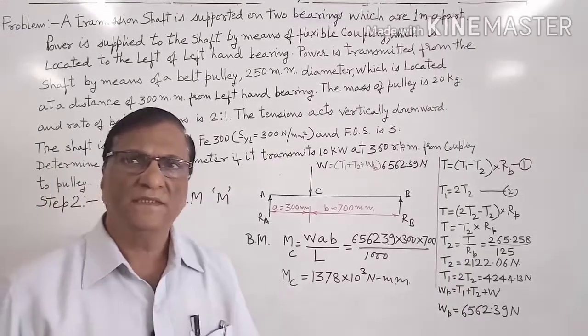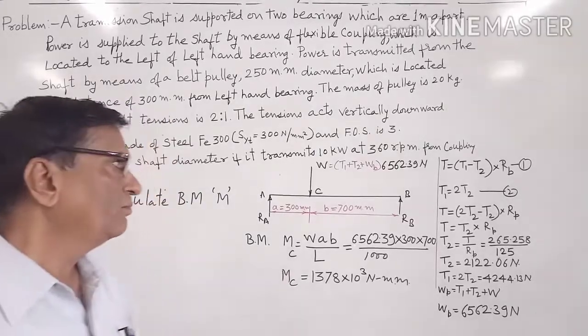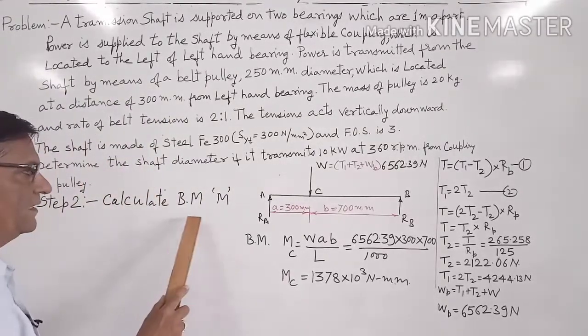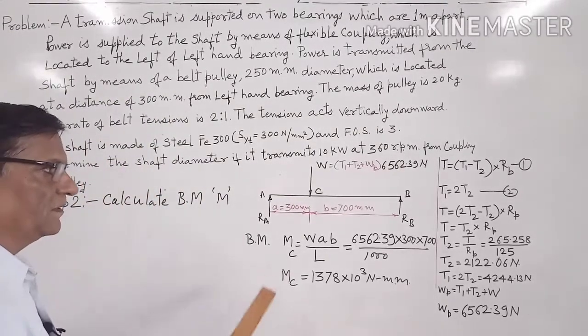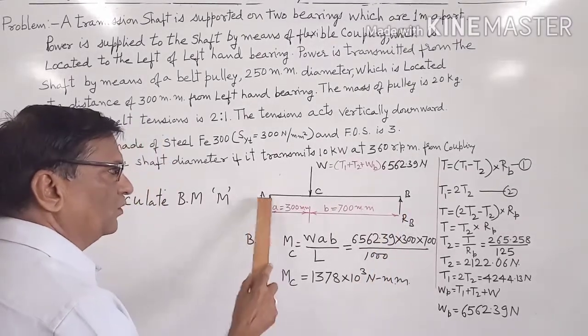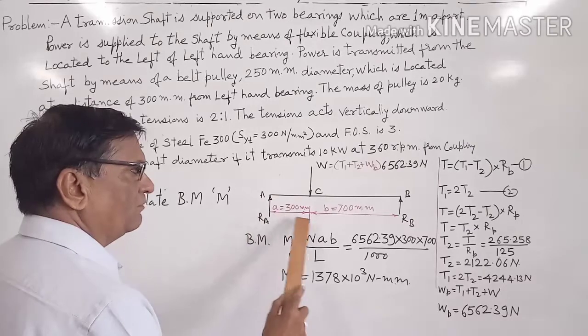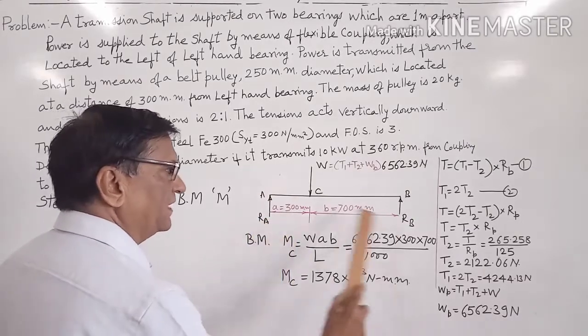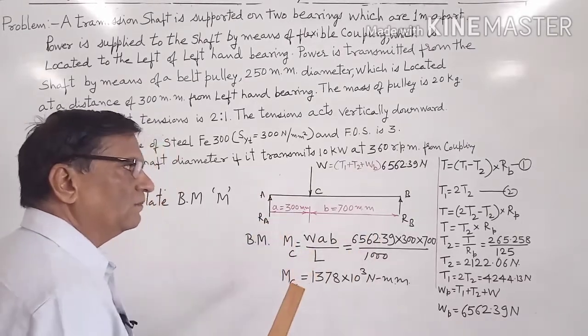The next step is the calculation of bending moment M. Now this is the case. The load is acting at a distance 300 from the left hand bearing and total length L is equal to 1000.